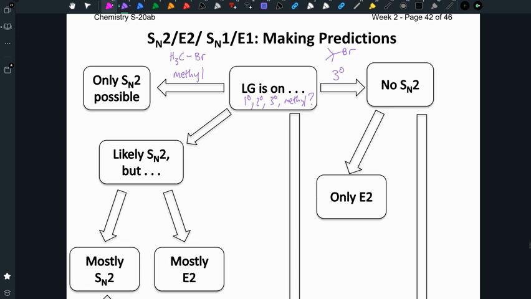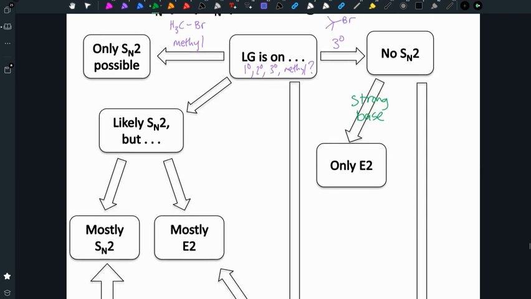And this is where you ask yourself, what's the requirement for E2? For E2, you need a strong base. So if you have a strong base, then you're going to do E2. If you don't have a strong base, then E2 is not really going to be possible either.